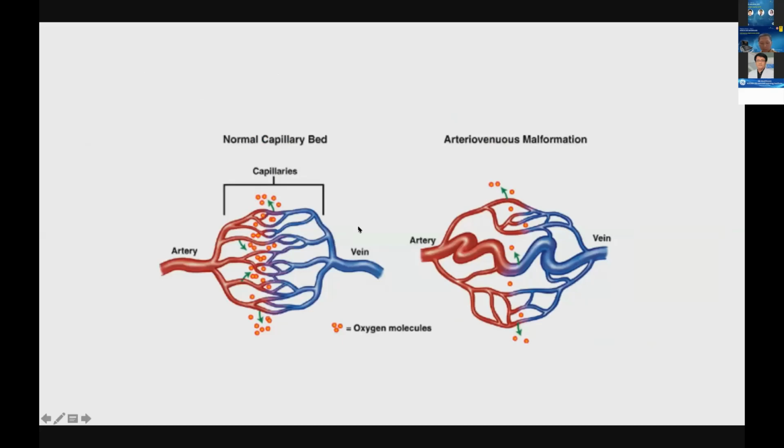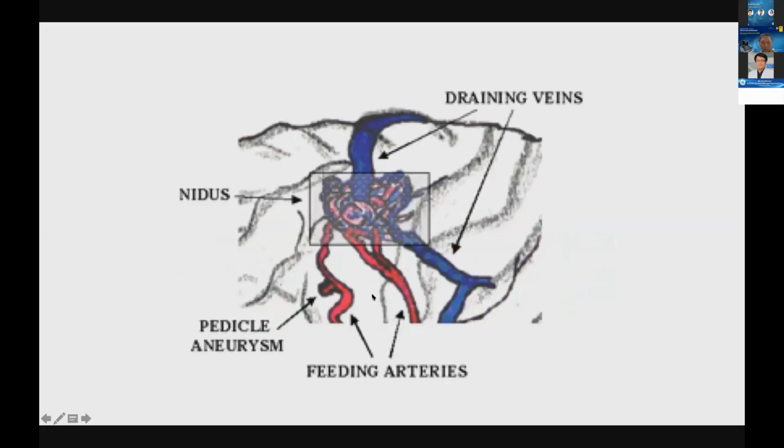As Dr. Sangyup already mentioned also, this is the normal capillary bed, and this is arteriovenous malformation. I already mentioned this. This is the feeding artery, and this is the nidus, and this is the draining vein. This is AVM.